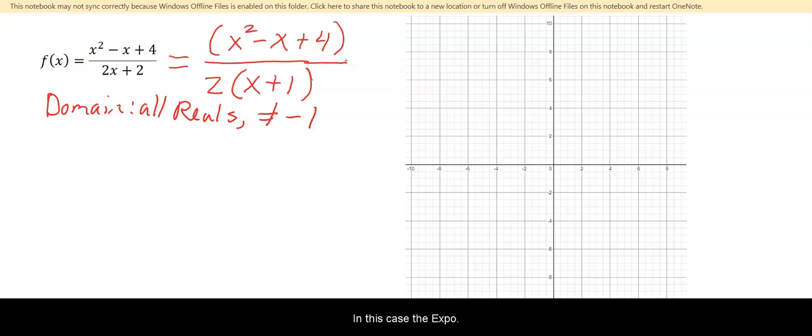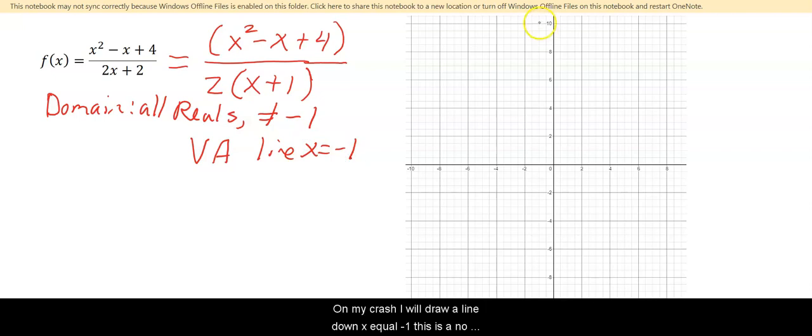In this case, the x plus 1 cannot cancel, which means that the vertical asymptote becomes the line x equal negative 1. On my graph, I will draw a line down x equal negative 1. This is a no-touch, no-cross, invisible force field.